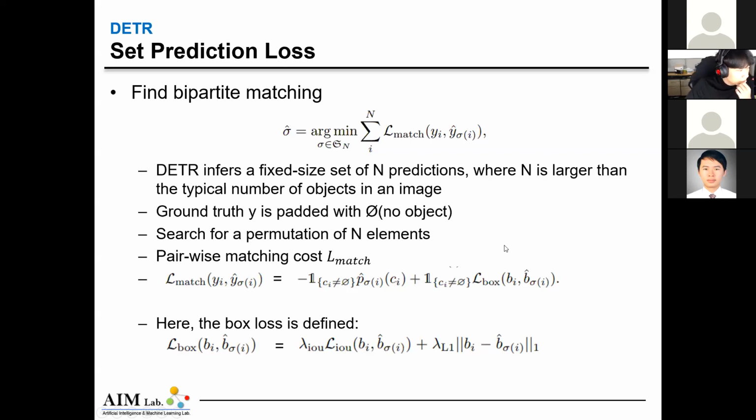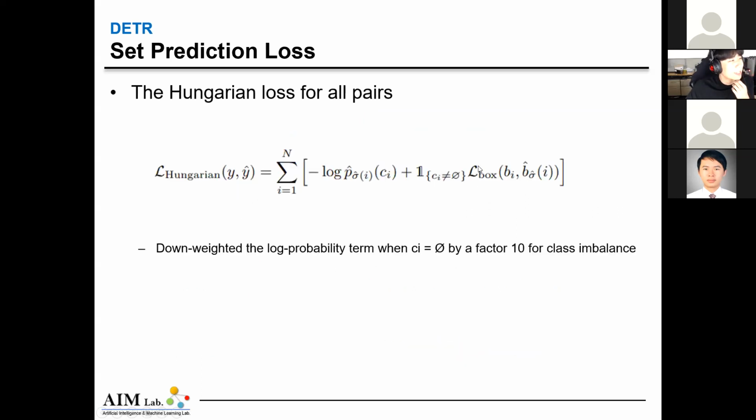To calculate the score and match, they also use IOU to score and rank between the ground truth and the prediction. I forgot this part a bit.